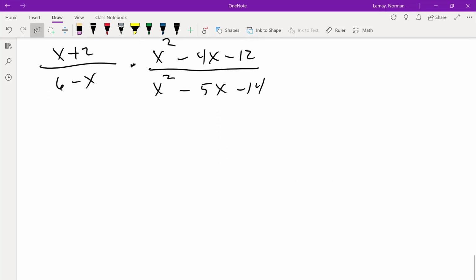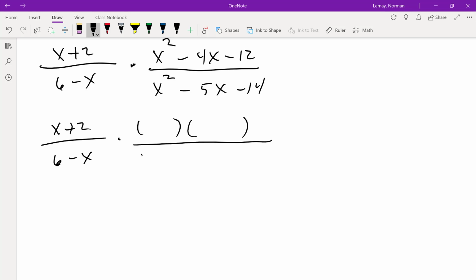Okay, so not much to factor over here, so we get (x plus 2) divided by (6 minus x) times, so now the question is can we get the top and the bottom to factor? So for the top part, we get x and x. So let's see, for negative 12, I get negative 6 plus 2, so let's double check.